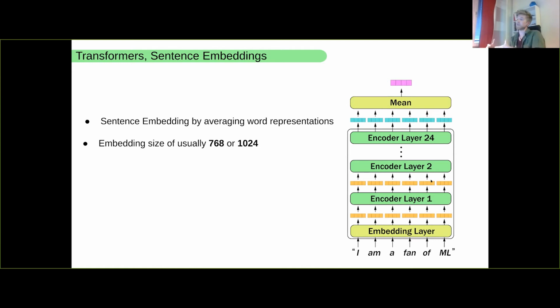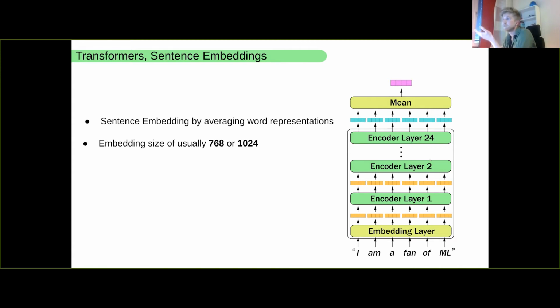This embedding usually has a dimensionality of 768 or 1024, or something that is computationally efficient. But we want a sentence representation, and the easiest thing, of course, is just to take an average of this.